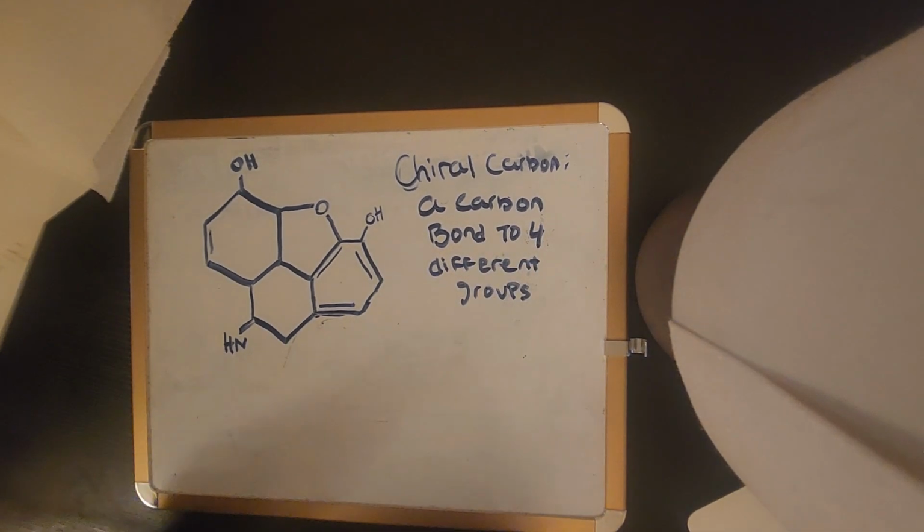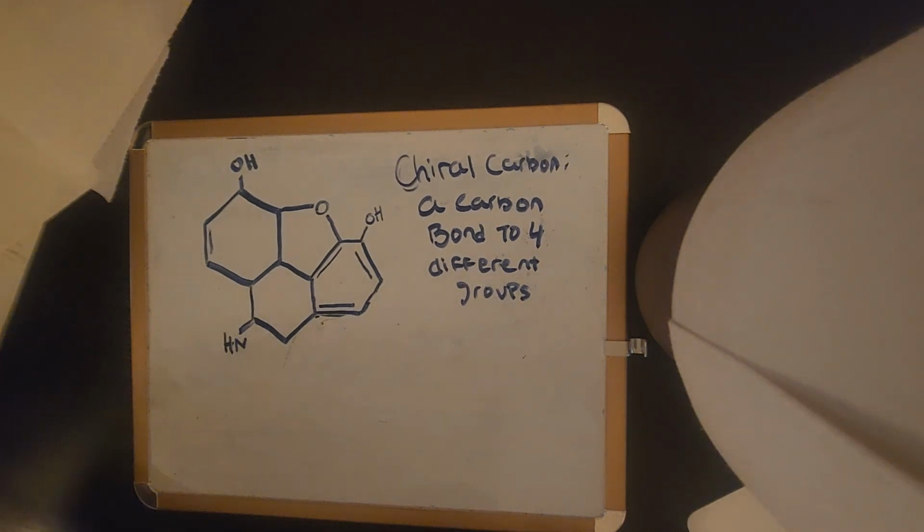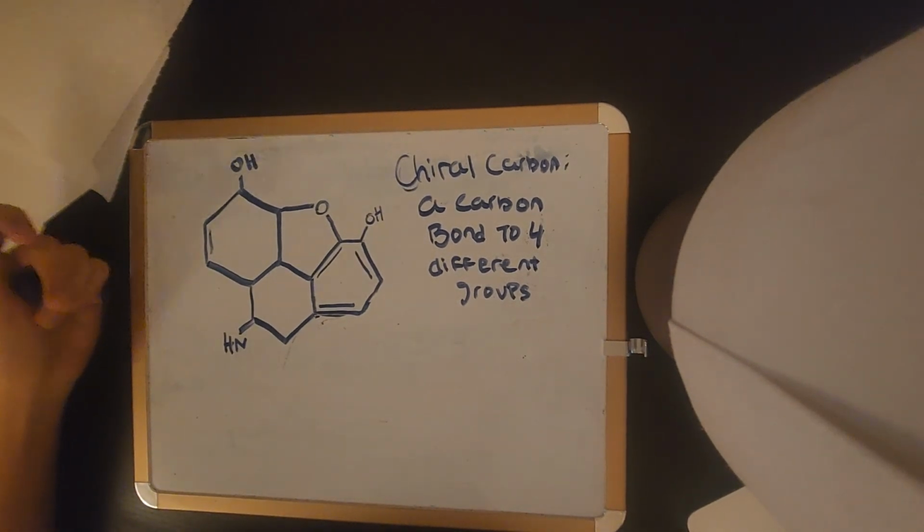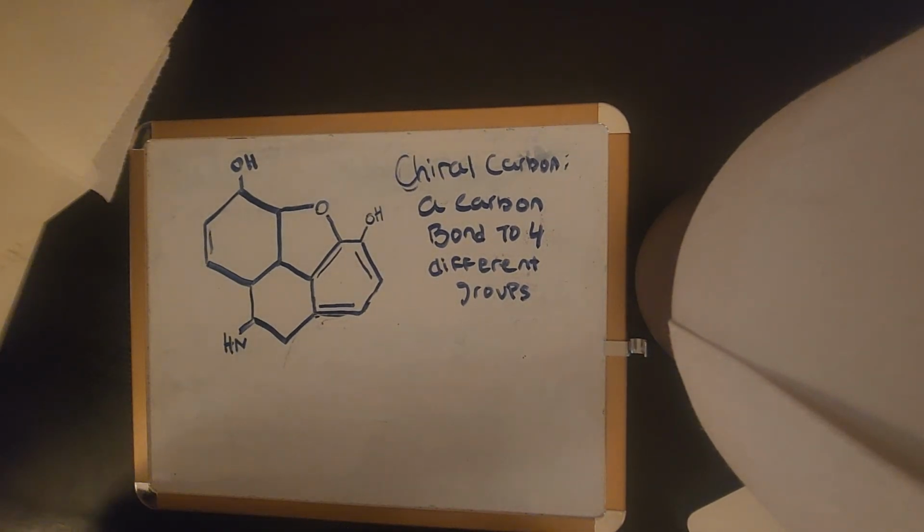A chiral carbon is a carbon bound to 4 different groups. The next step is we want to go ahead and draw the hydrogens.